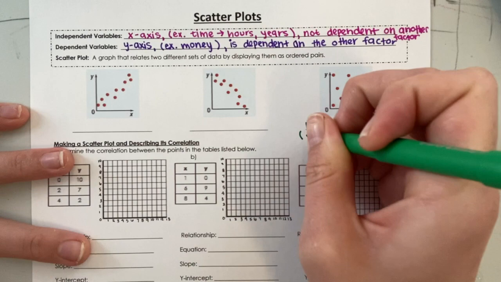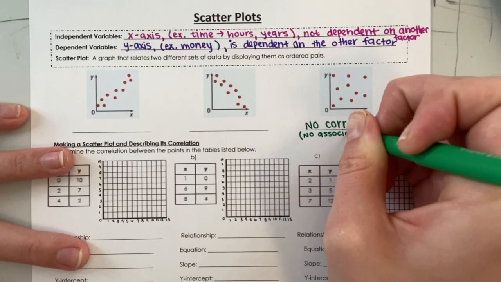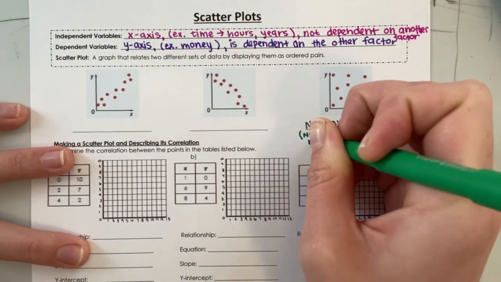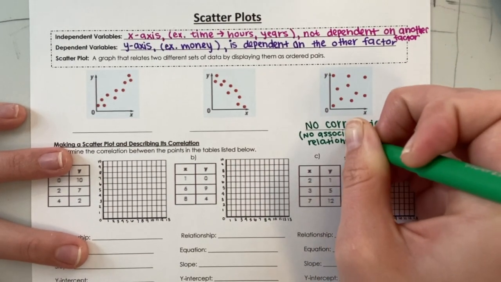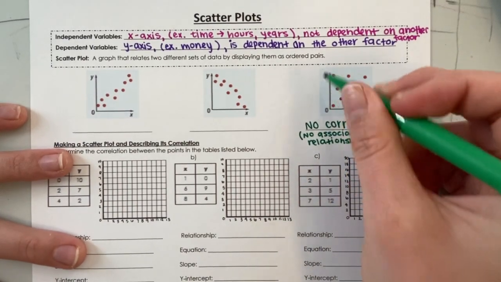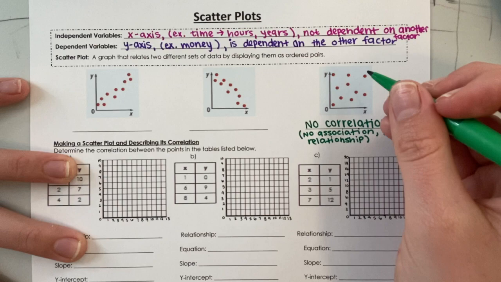Or you could say no association or no relationship. This just means that there is not a pattern between X and Y that we can use to predict Y given X. There's just no apparent relationship.